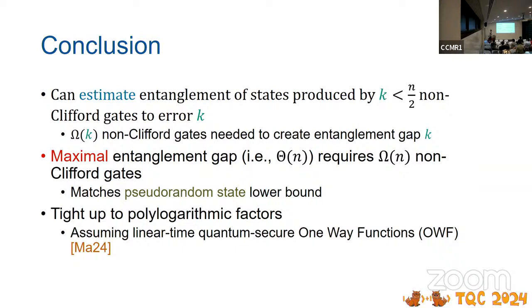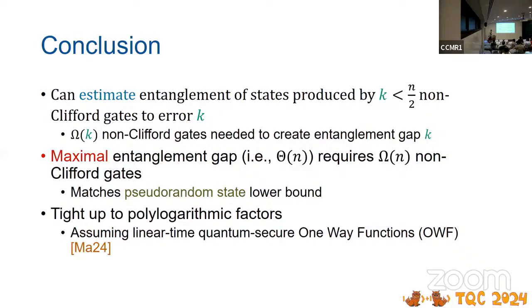So if you assume the existence of linear time quantum secure one-way functions, then Fermi Ma has an upcoming result that can produce pseudo entanglement states in linear times polylog time. So this is tight, and you might be wondering about this assumption.